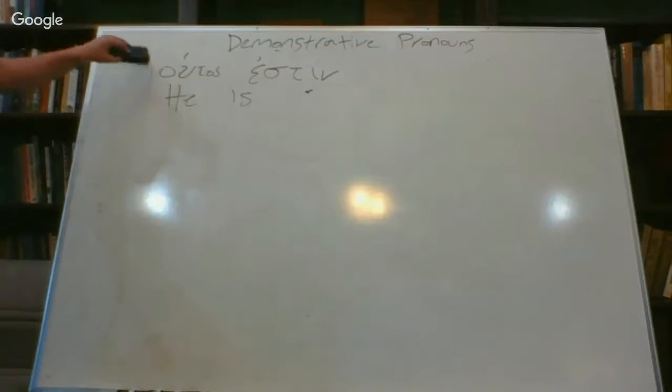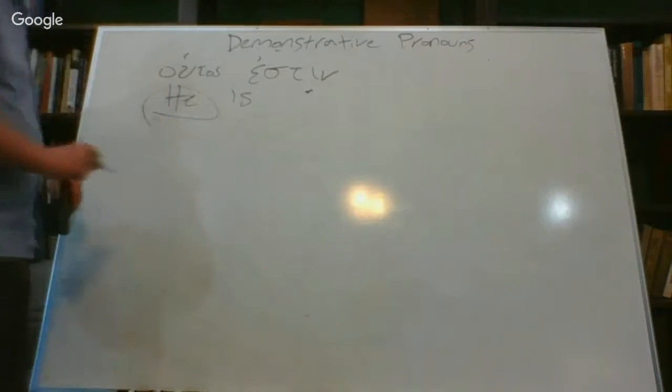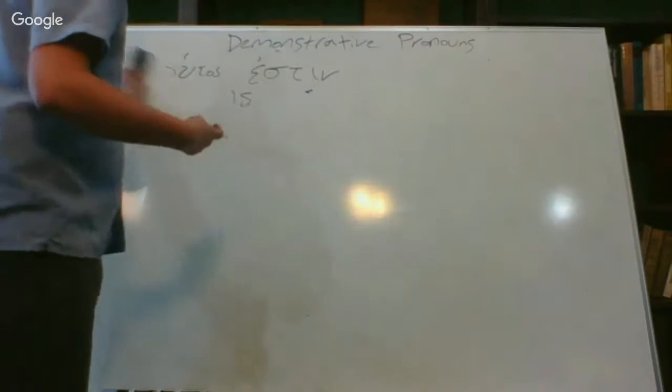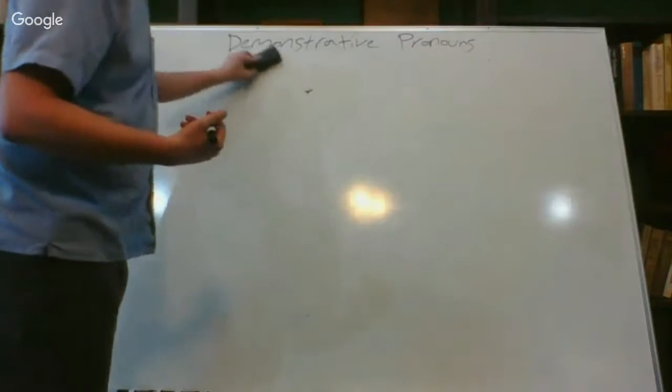But houtos can be a demonstrative pronoun this, or it can be a weak demonstrative pronoun and be a he. Context will tell you which one's which. So it'll tell you whether to use this or just he. It'll just make the most sense when you're translating.